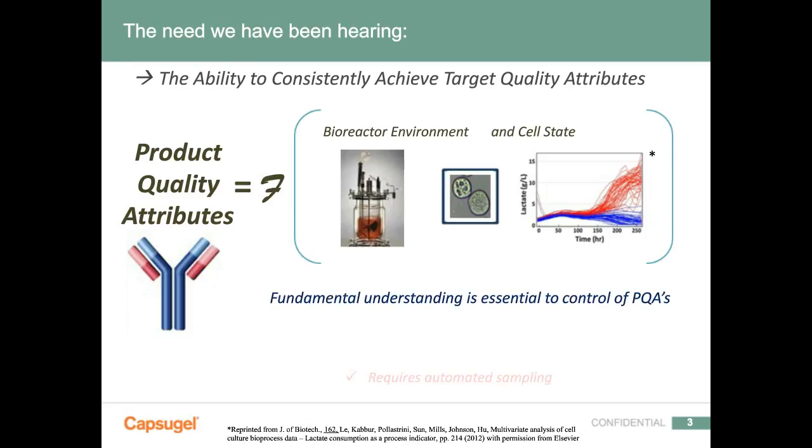Right now, given the current technology, to get this data, you have to take samples. And if you want these things to be controlled, really hit your quality target attributes, you have to do this automatically. But taking the samples is only part of the game, because just taking the sample doesn't give you anything unless you can automatically analyze it.